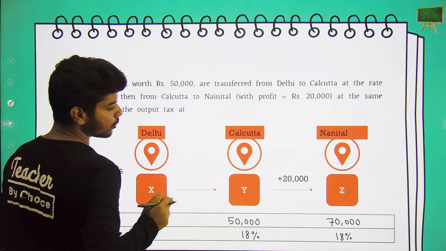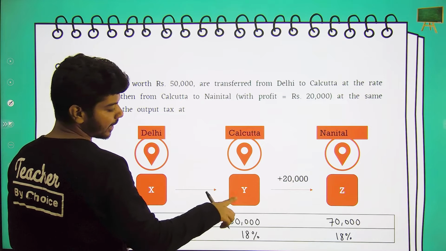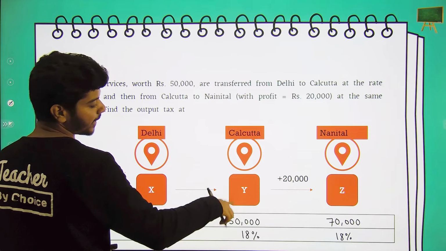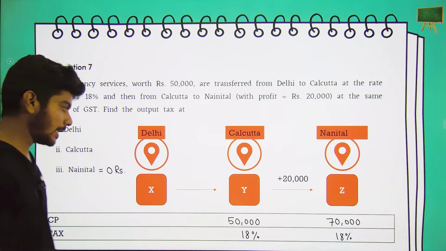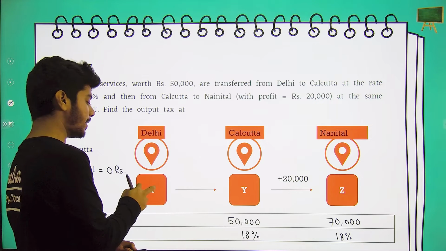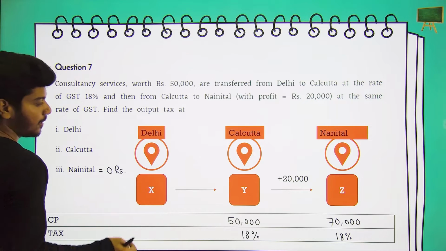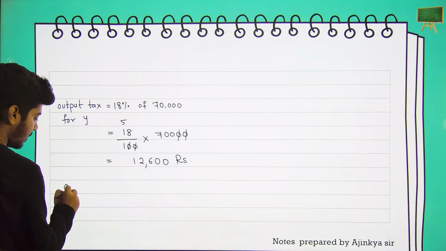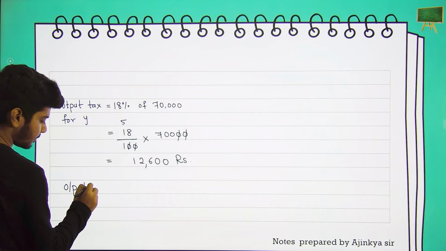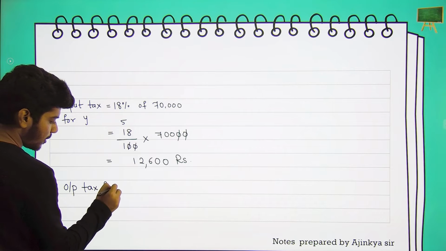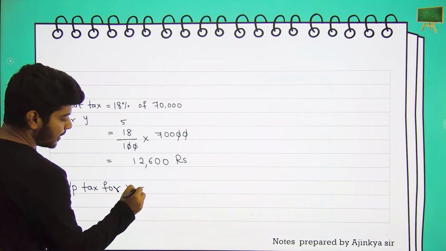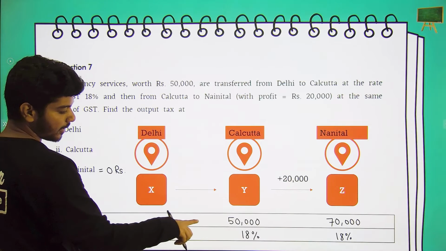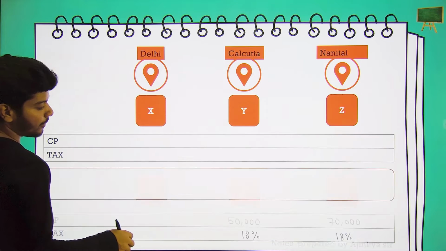Now let's go back. We will calculate input tax for Y. See, input tax for Y is the same as output tax for X. So we can write it as output tax for X. Output tax for X will be equal to how much? Can I say 18% of 50,000?